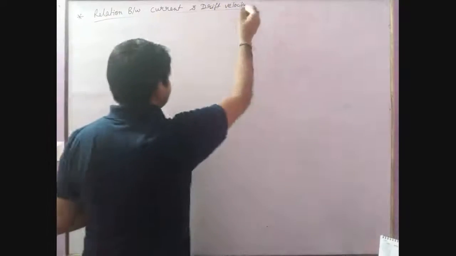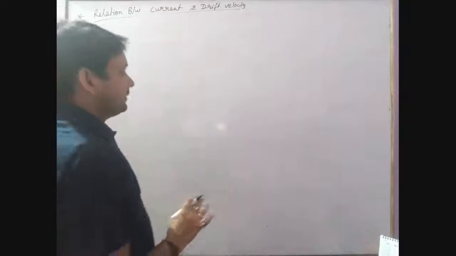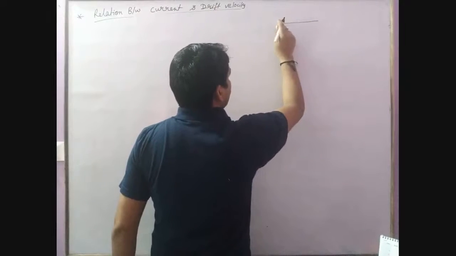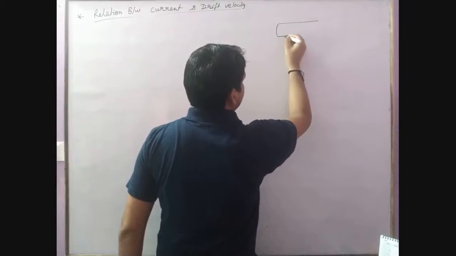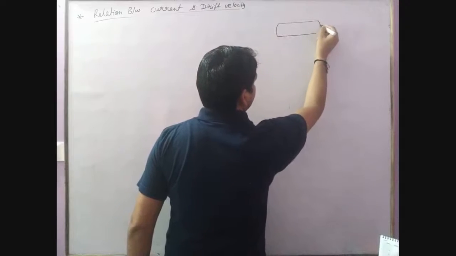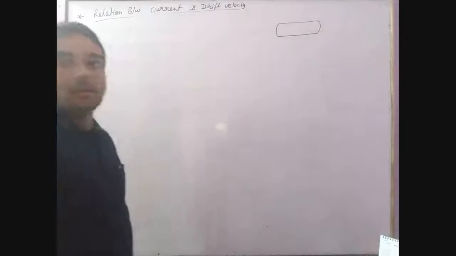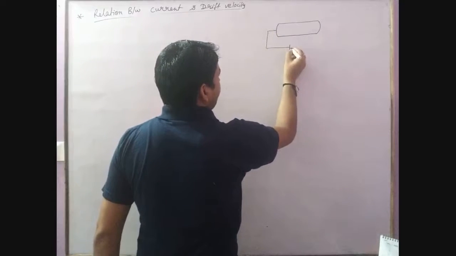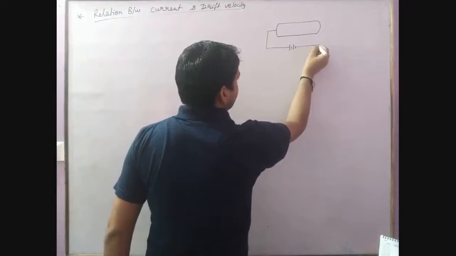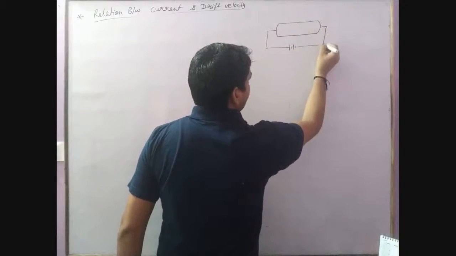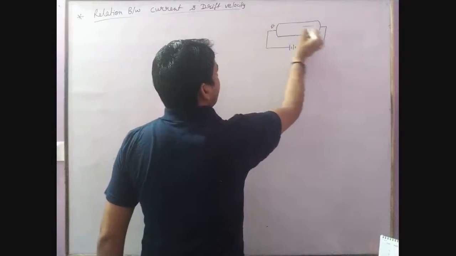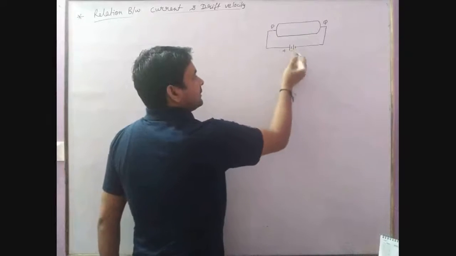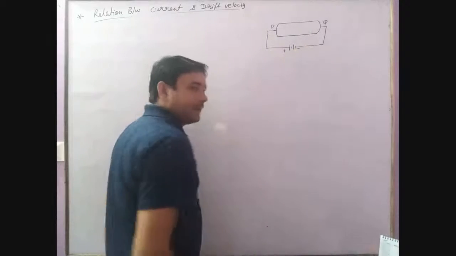As we discussed, suppose we have a conductor of any cross section, and it is connected across a battery, across the ends P and Q. This is the positive terminal of the battery and this is the negative terminal of the battery.